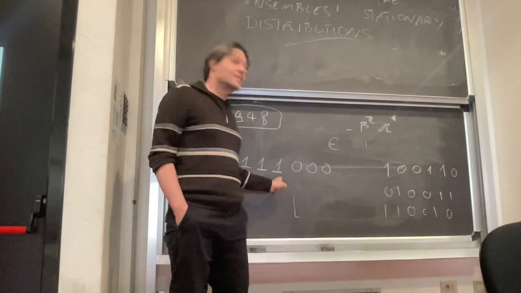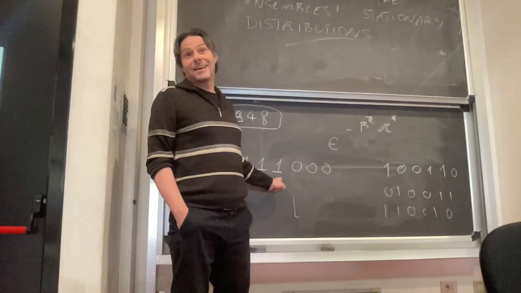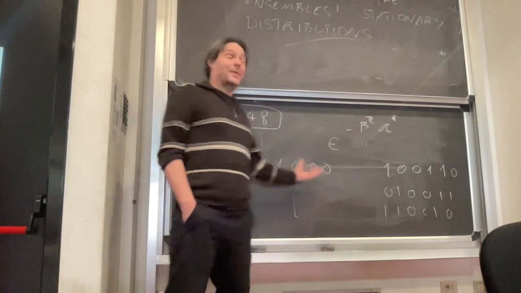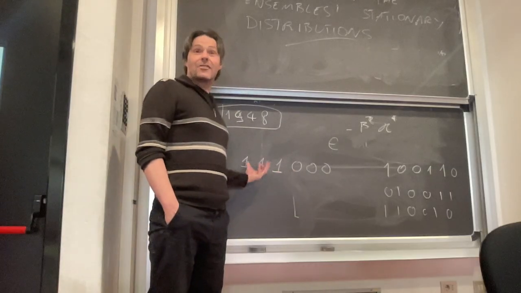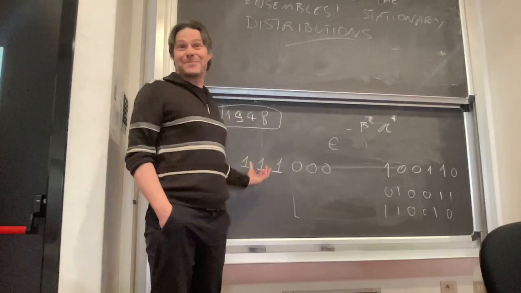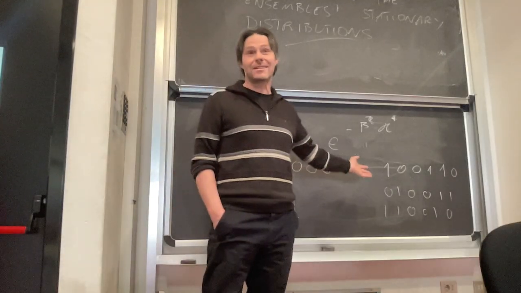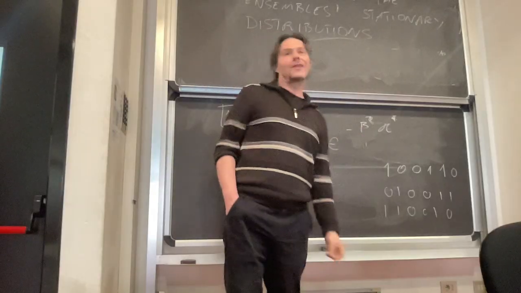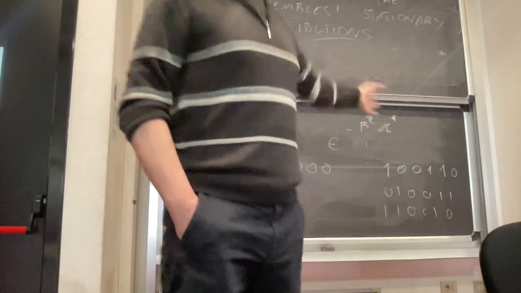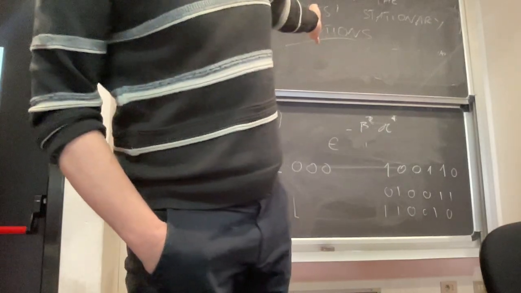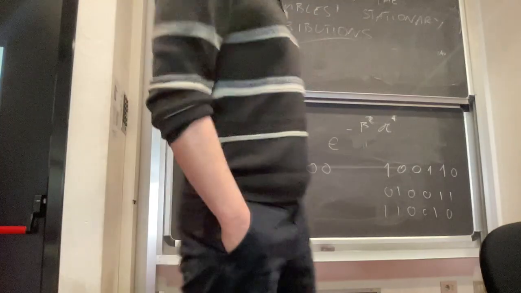But this is different, not in its own probability, but because there's some particular ordering, and there are very few ways of ordering them. In this case, there's only one way to order all the 1s on the left and all the 0s on the right. I could count them combinatorially, but let me not do it, there are endless ways of doing everything else, right? So basically it's the total number of combinations minus that one, essentially, right?